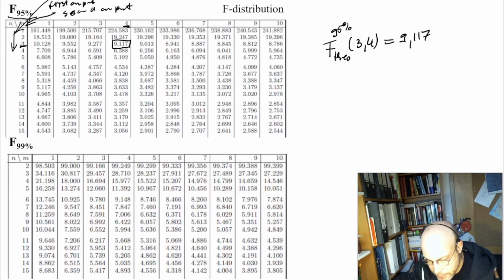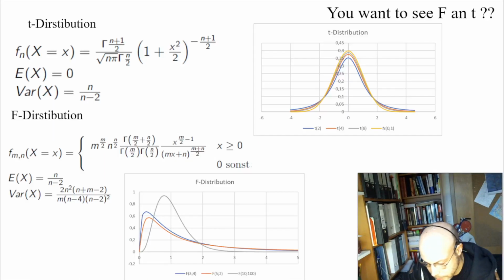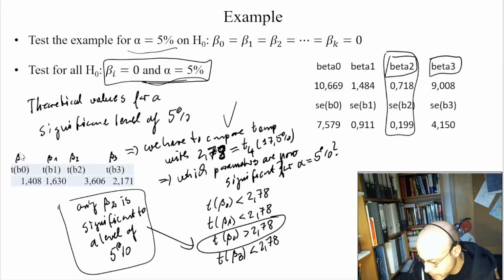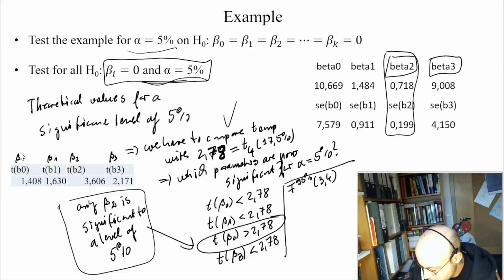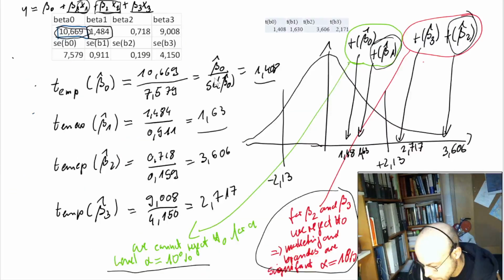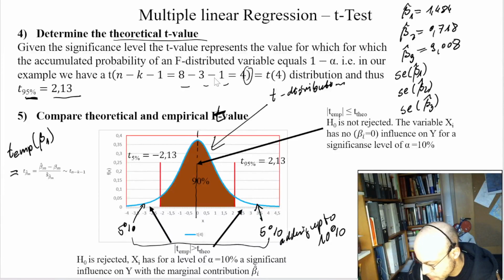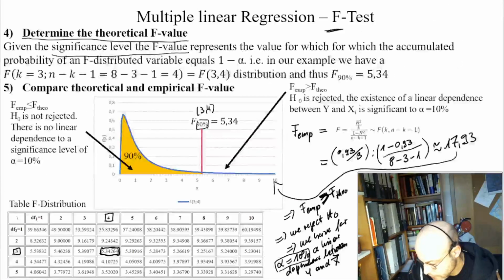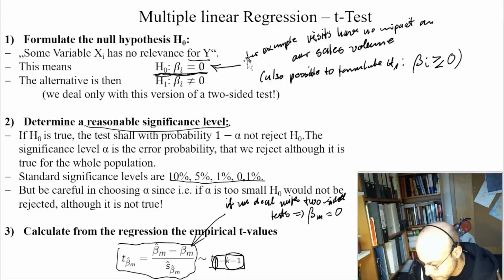And if we take this number, F of 95% of 3, 4 is 9.117, and this is still, I think it was 17 or something like this, which is the F value that we had here, 17.93.